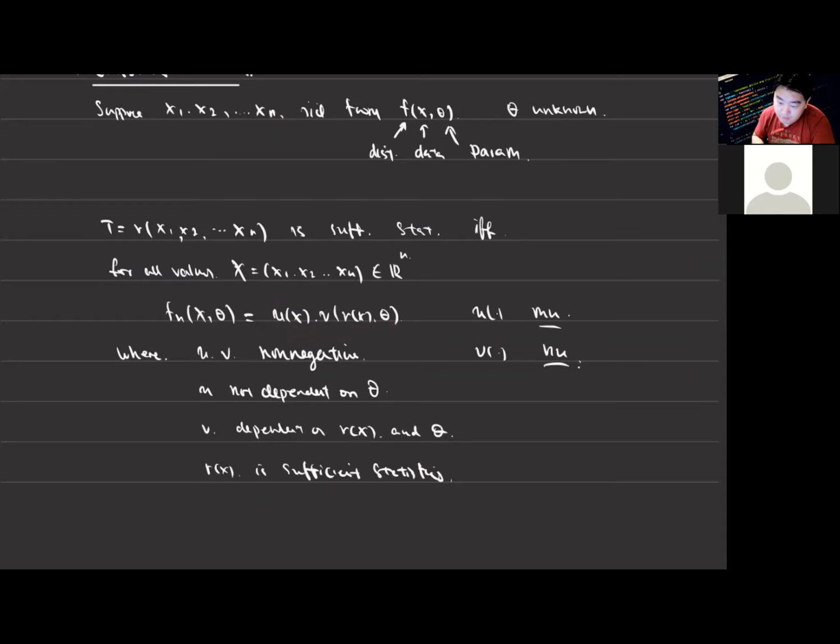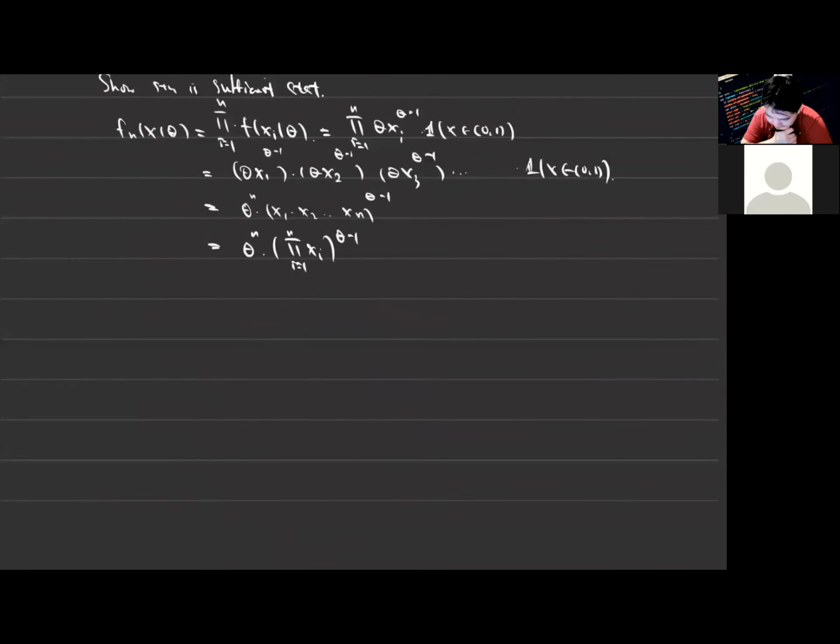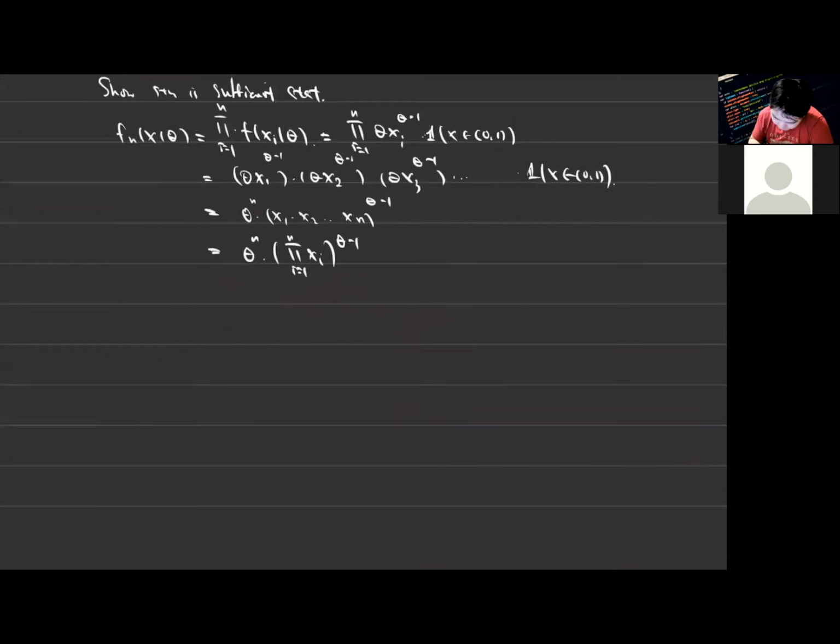So let's shoot for that first. You look at this: it seems like x is in here, it seems like theta is in here. But in this piece, x is not in there. So the easiest way is just to call that mu.